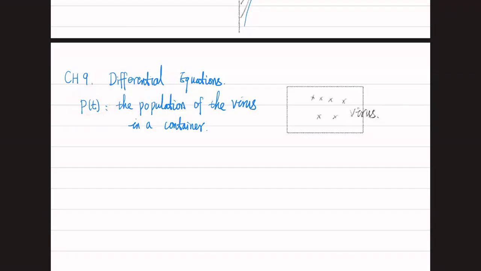Okay. To find a formula for this, we make some simplifying assumptions. For example, we assume there's an unlimited environment. Even though it's limited, when the number is small, we can view this as an unlimited environment for the virus.